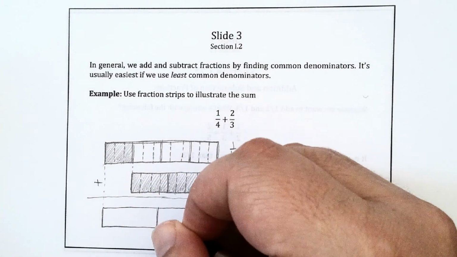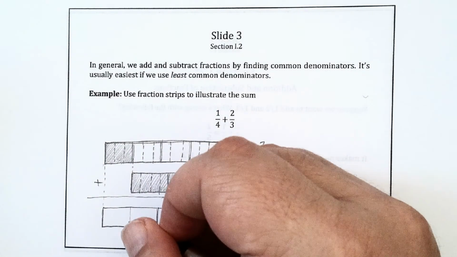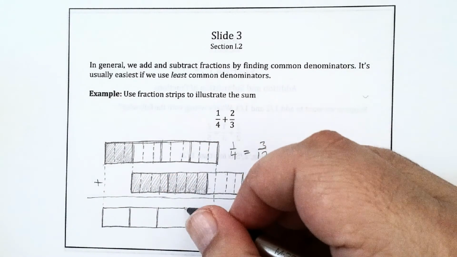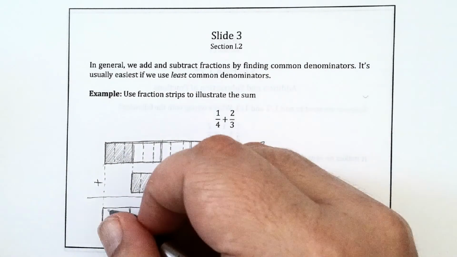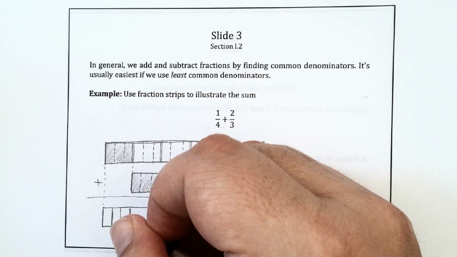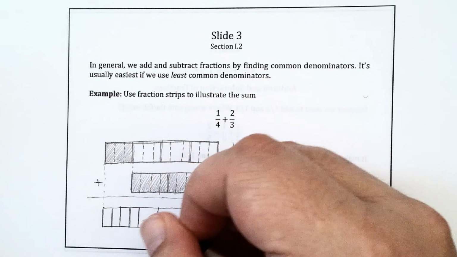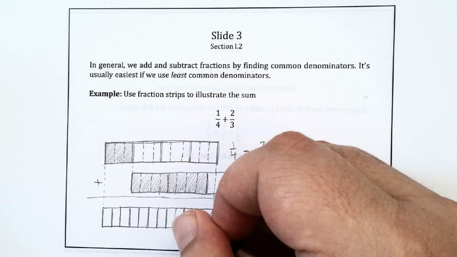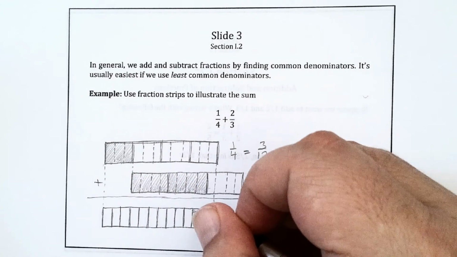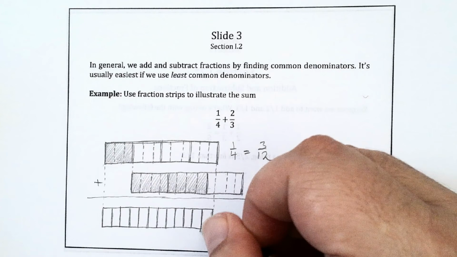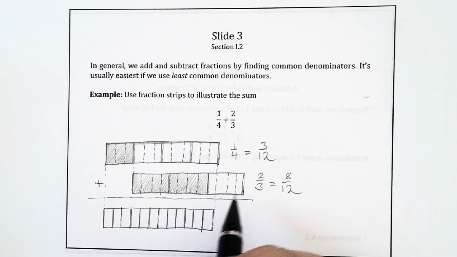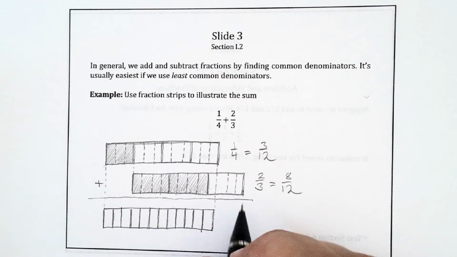I'm going to take this strip and divide it into twelfths. So I'll start by dividing it into quarters. Divide the quarters into thirds. And now let's shade in, well, it's going to be 3 plus 8 or 11 twelfths.